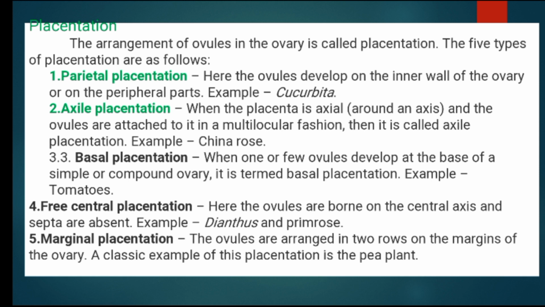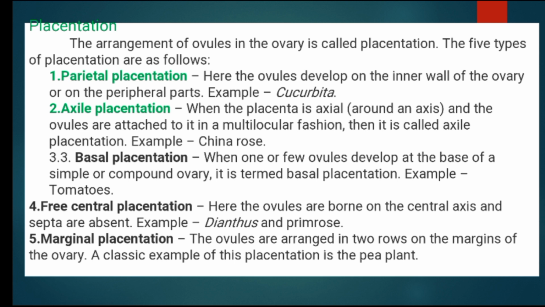In the China rose, that is, jaswand, if we take a transverse section of the ovary and observe under the microscope, it shows axial placentation. Means the placenta is attached around an axis in a multilocular fashion. This type is known as axial placentation.